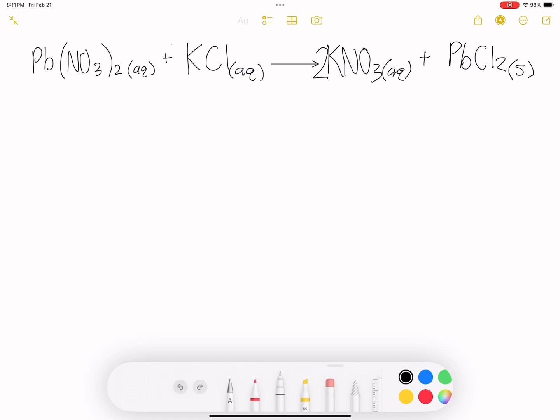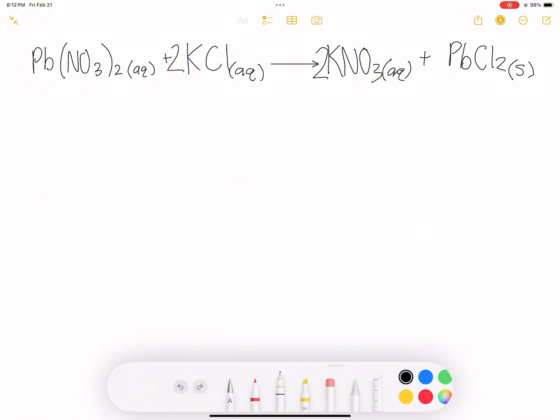So we need to add a 2 on the other side with potassium. And I believe that's it, but of course we can always recount. You should recount actually. Pb 1, NO3 has 2, NO3 has 2, potassium has 2, potassium has 2, and chlorine has 2, and chlorine has 2. So now our equation is fully balanced.